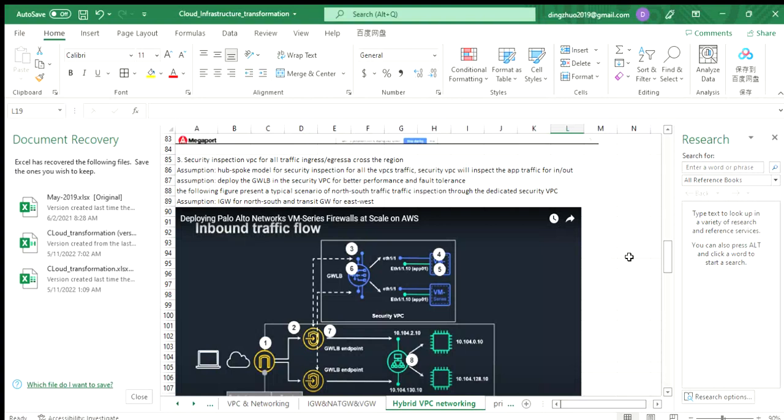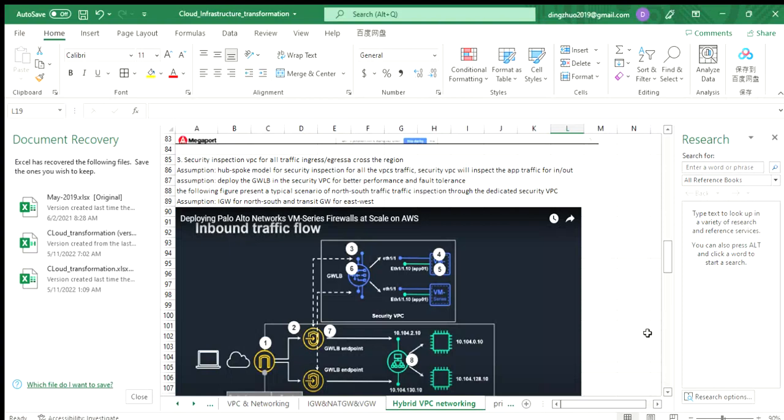And also during high demand, they can do the auto scaling. Then, if the demand is going down, they can scale in those workloads.